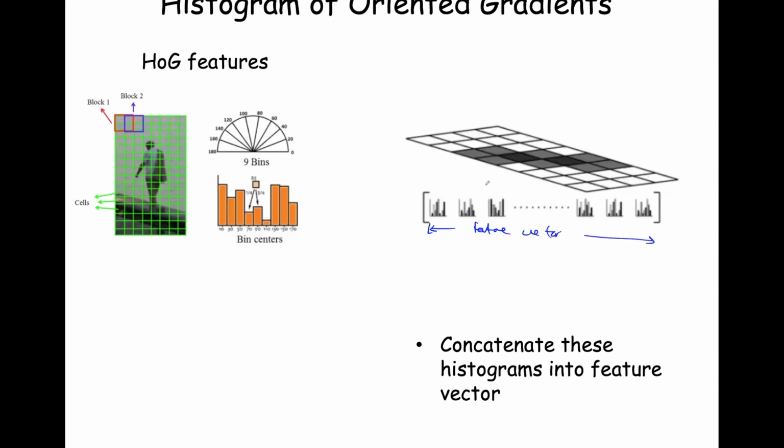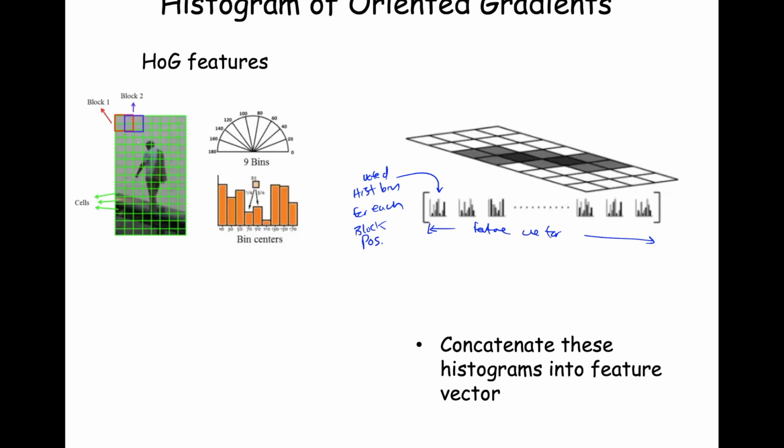So we have our feature vector, and it's composed of the voted histogram bin for each block position. Okay, so we concatenate all of these histograms into a single feature vector.